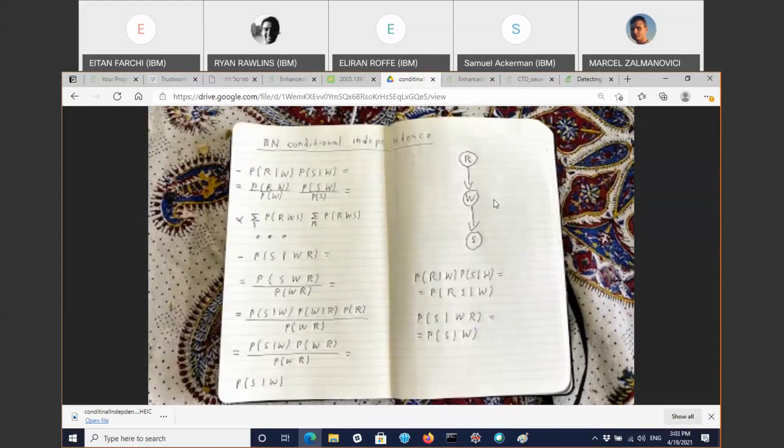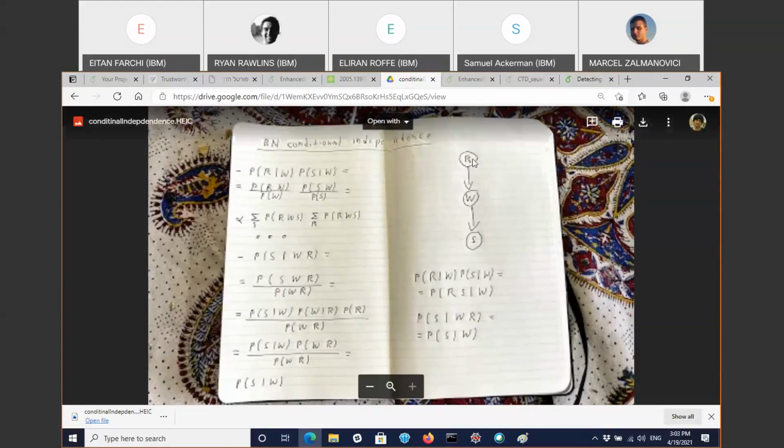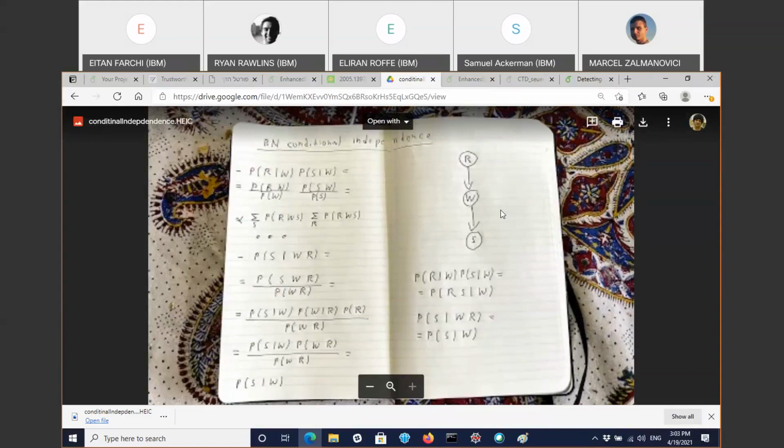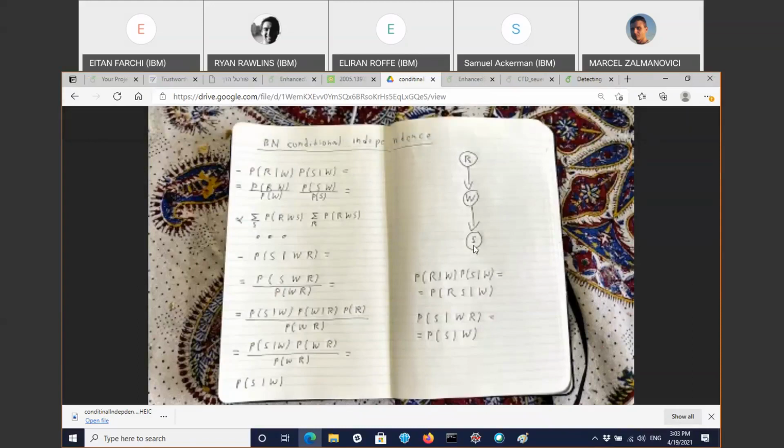Okay, so let's think about this example. If the floor is wet, then intuitively rain and sleeping are no longer connected, because a person will fall because the floor is wet.